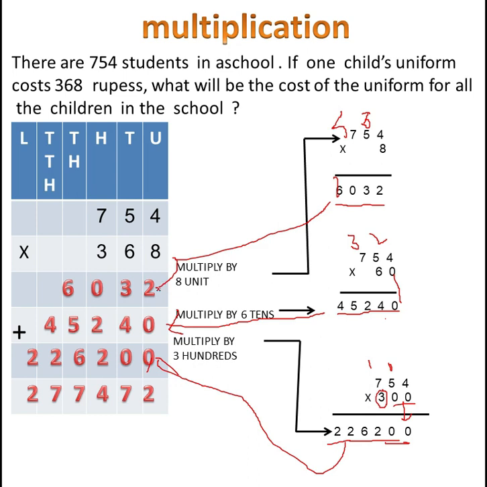We will see the addition. 2 plus 0 plus 0 is equal to 2. 3 plus 4 is equal to 7. 0 plus 2 is equal to 2. 6 plus 5 is equal to 11 plus 6 equal to 17. 1 carried forward. 1 plus 4 is equal to 5 plus 2, 7 and 2 here. We will get 2,77,472. The total cost of the uniform is 2,77,472.